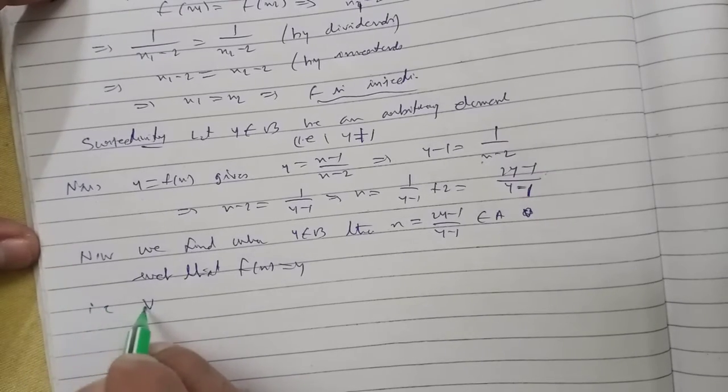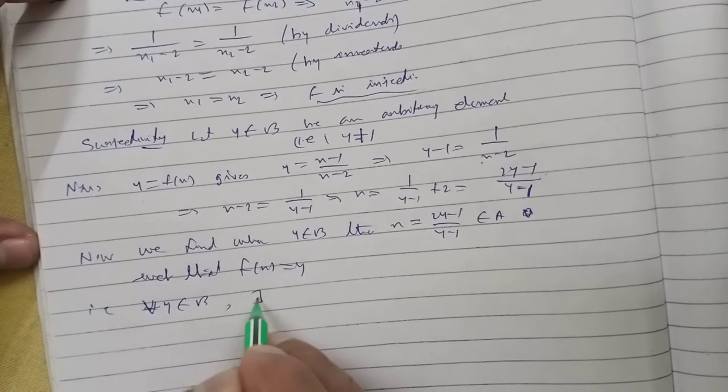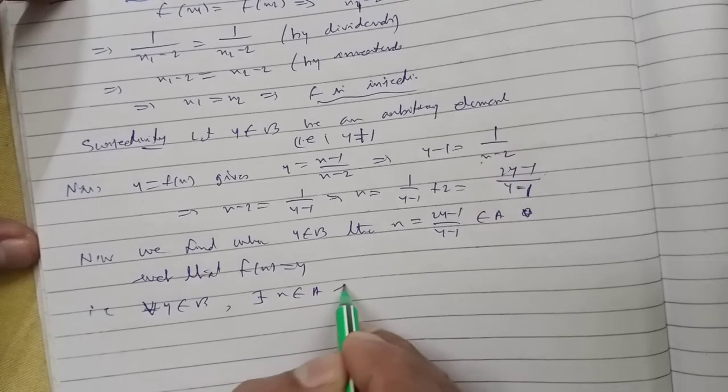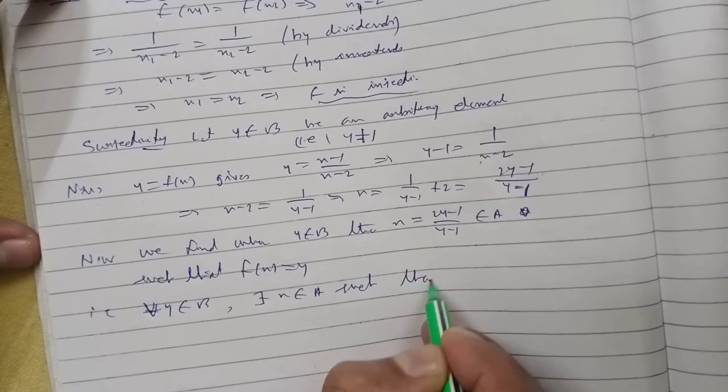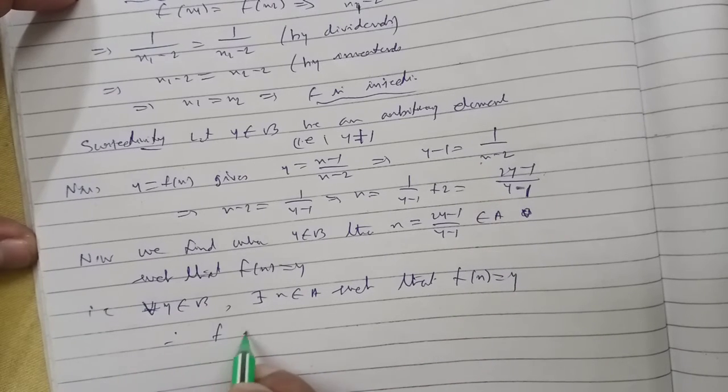That is, for all y belonging to B, there exists x belonging to A such that f of x equals y.